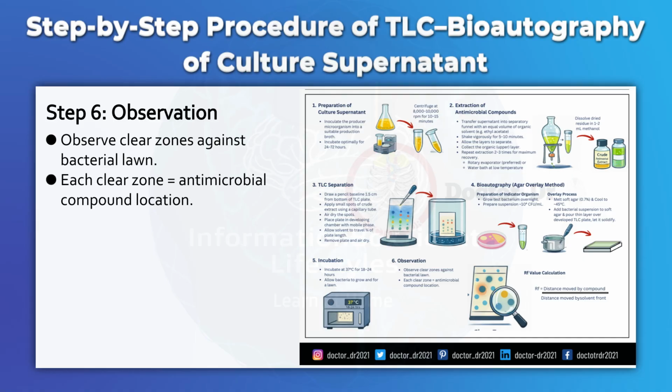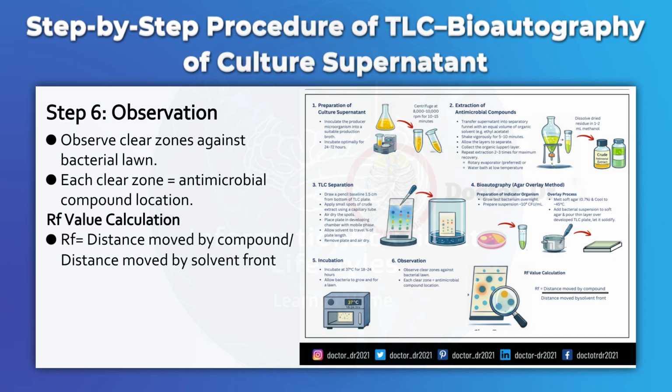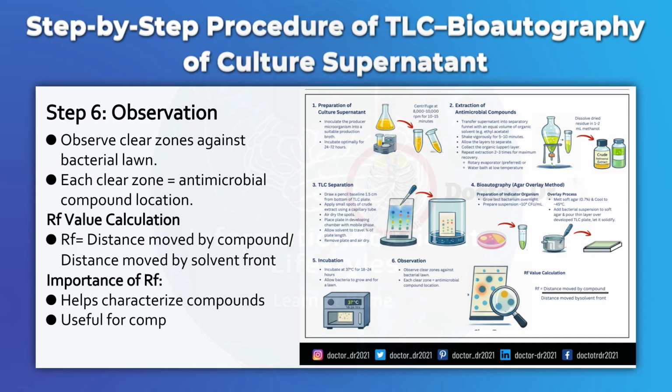Each clear zone equals antimicrobial compound location. RF value calculation. RF equals distance moved by compound divided by distance moved by solvent front. Importance of RF: helps characterize compounds. Useful for comparing metabolites.